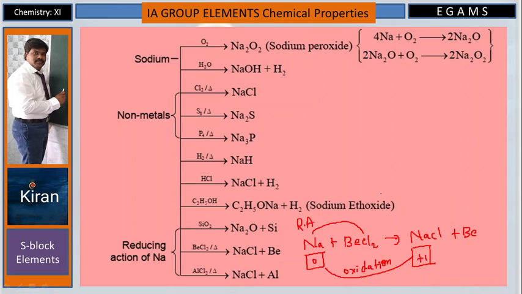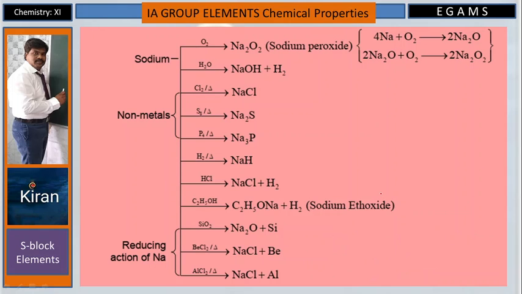So these are the important 4 chemical reactions you have to remember, only 4, my dear students. One is with water, second is with air, third is reaction with non-metals, and the fourth is reducing nature. After completion of this, you have to practice the equations for chemical properties without looking.